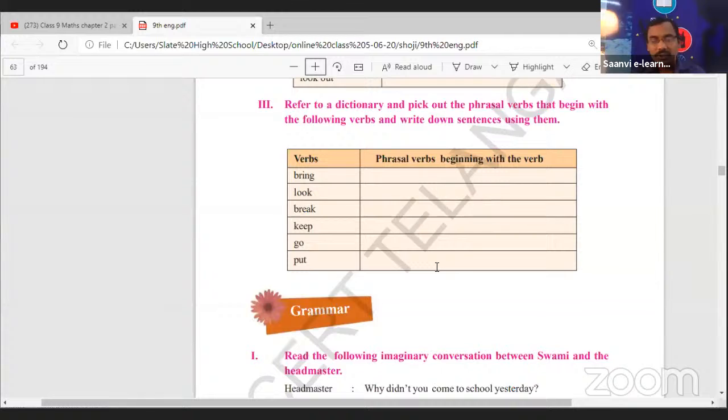And the next word is break. Break down. Write the sentence.